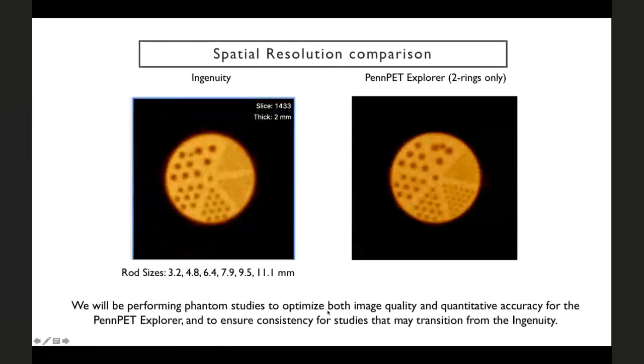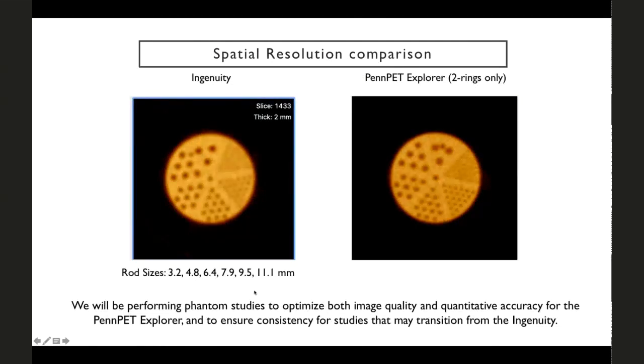What we see here is the other part of that Phantom, which has cold rods down at the bottom with different spacings and sizes. So we see the sizes down here, and a comparison between scanning that Phantom on Ingenuity and then scanning it on the new PET, but an earlier version, which only had 2 rings.